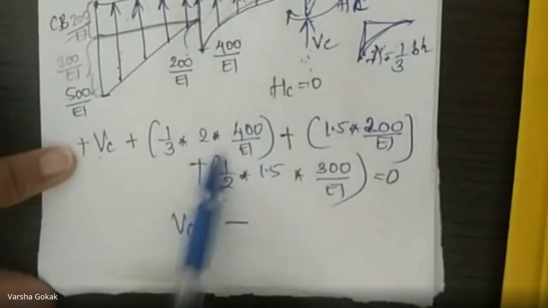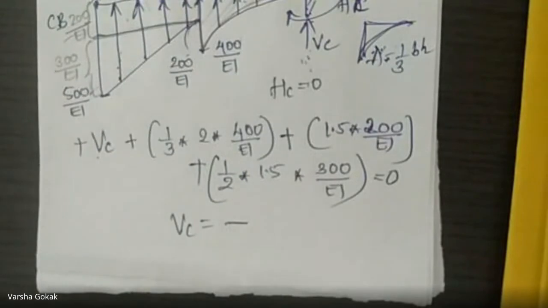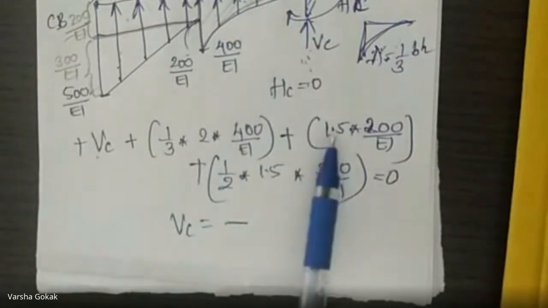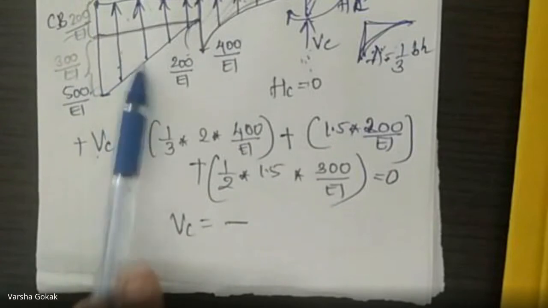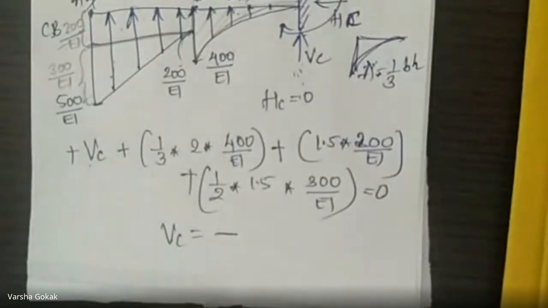So somebody calculate all this and get me the value of VC, please. I hope you all are sitting with the calculator. 1/3 base into height is for this, L into B is for the rectangle, half base into height is for this triangle. Get me the value of VC.